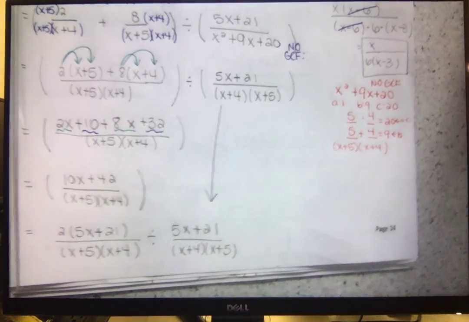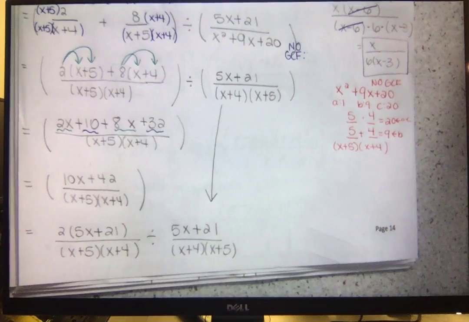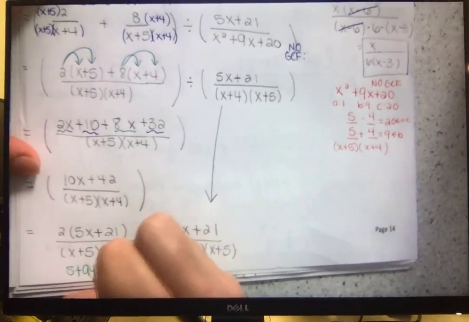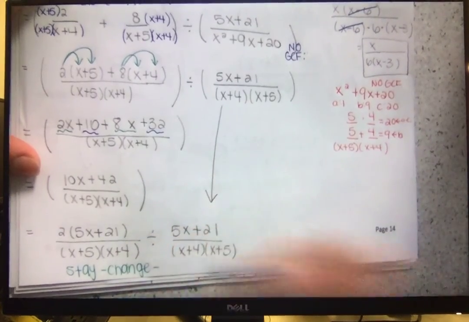Now we are just dividing, so we can state change flip. And then our favorite part, cancelization.